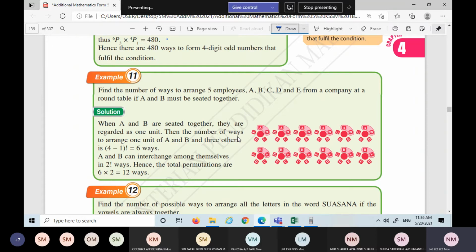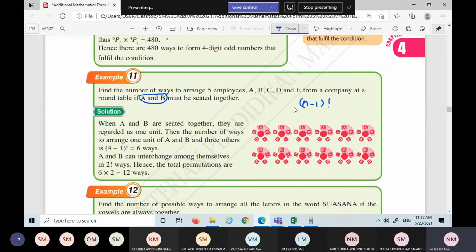This is arranging them in a circle. If we arrange them in a circle, just now someone answered me at the beginning of the lesson that it should be n minus 1 factorial. Siti Farah answered me, I remember. But now the point is that A and B must sit together.